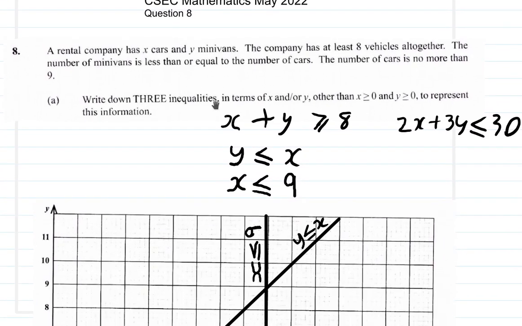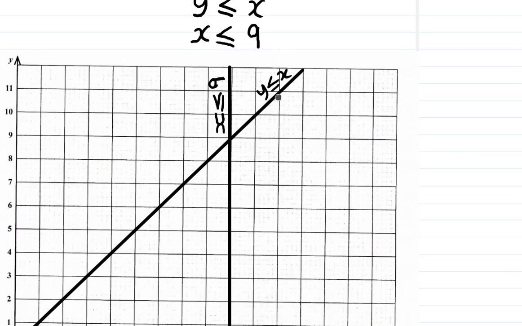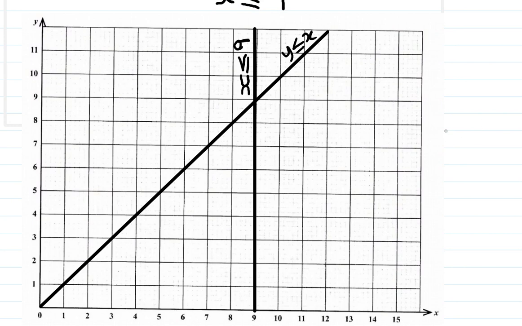So let us see what else is happening here. X plus y is greater than or equal to 8. Let us, for a minute, look at the line x plus y equals 8. Alright?